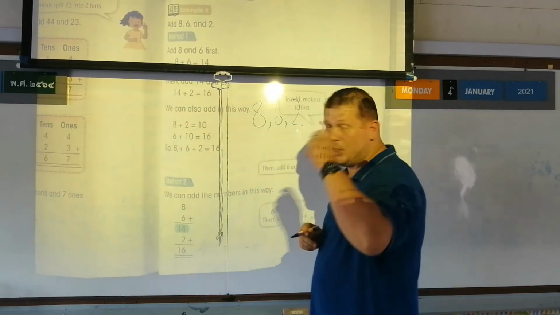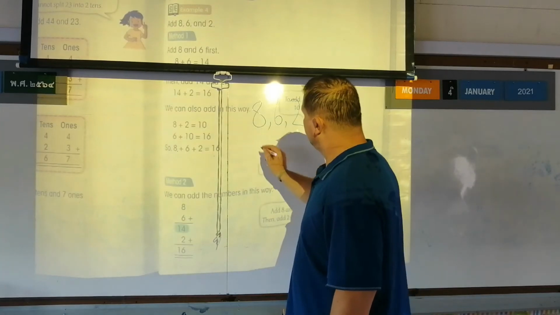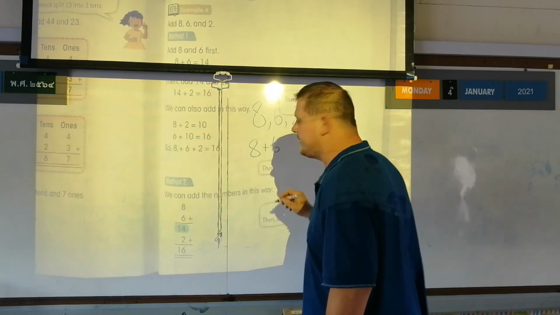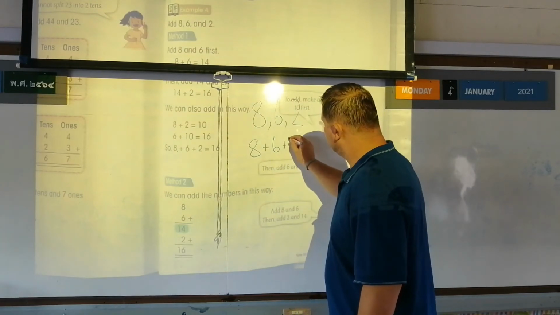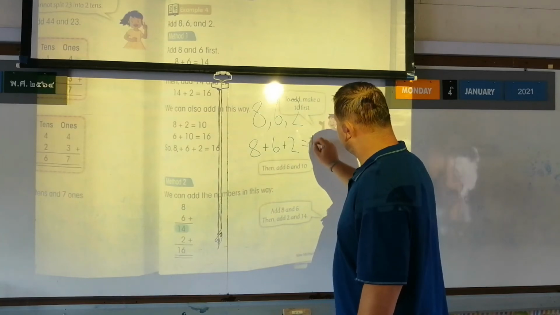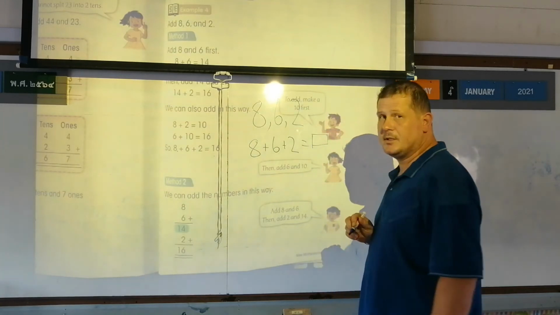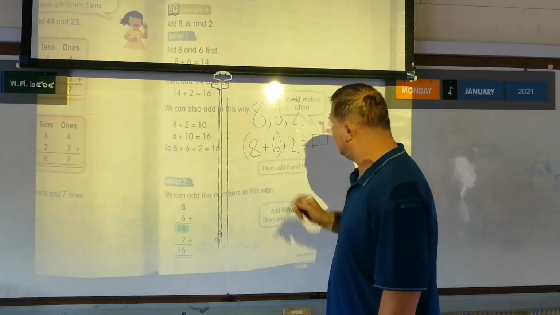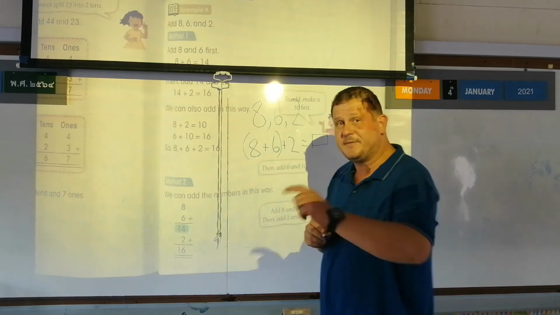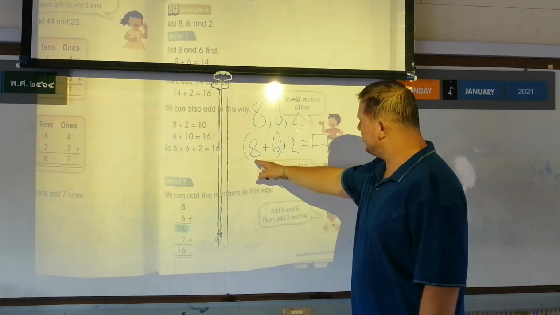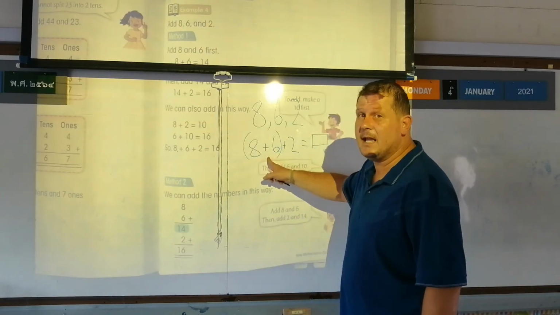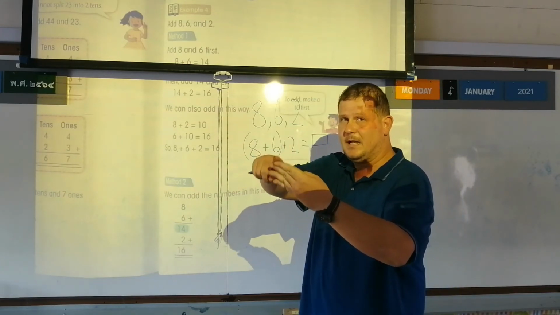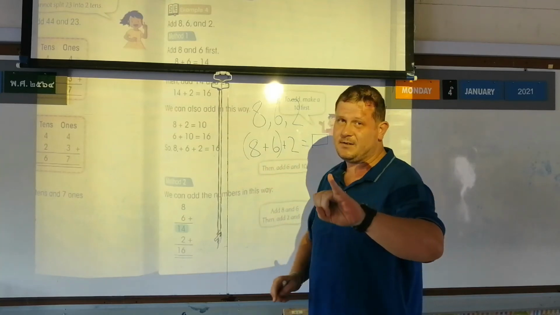Right, so what you guys can do is you can write 8 plus 6 plus 2 equals how much? And then what you can do is you put the first two numbers in brackets. Alright, and then you say 8 plus 6, how much is that? 8, 9, 10, 11, 12, 13, 14, right?